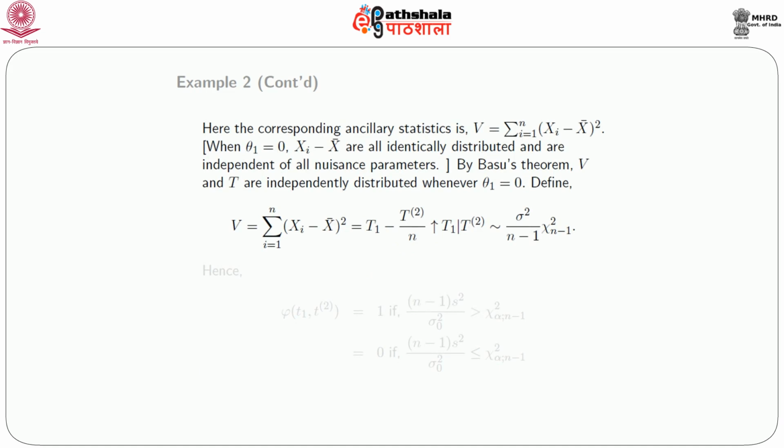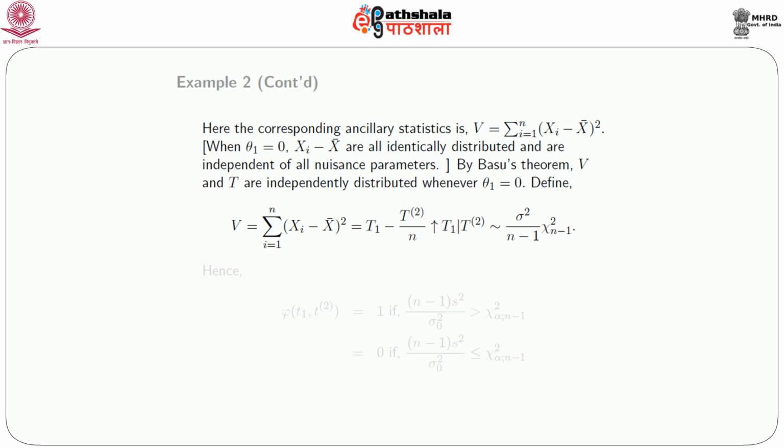When theta 1 equal to 0, the (xi minus x bar) are all identically distributed and are independent of all nuisance parameters. By Basu's theorem, V and T are independently distributed whenever theta 1 equal to 0. Now V equal to summation (xi minus x bar) square is equal to (t1 minus t2 square by n).